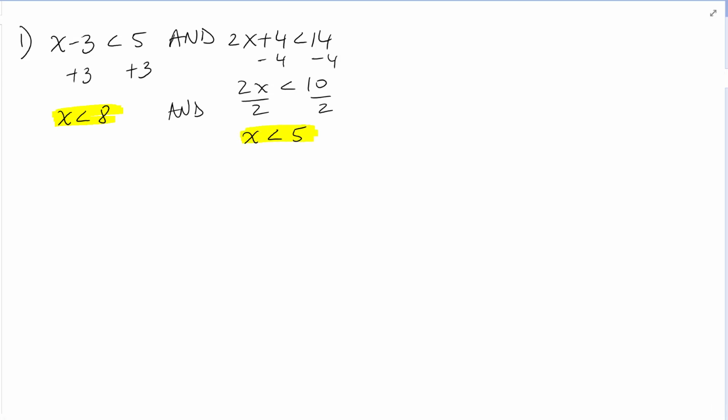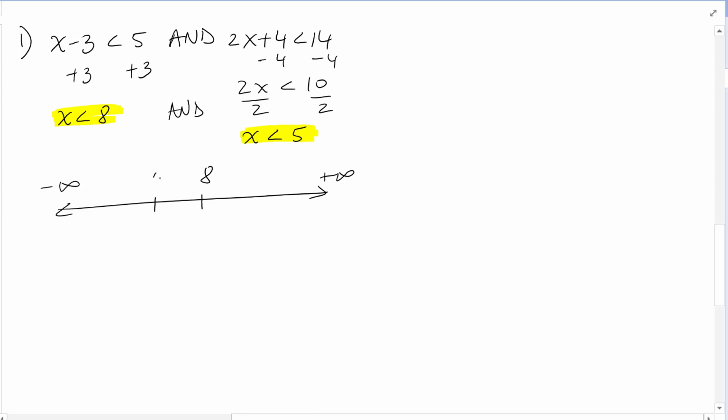So we calculated, now let's graph. We graph it on the same number line, we put both inequalities. So for x less than 8, I'm going to plot 8 and 5 in the order that they are on the number line. Now x less than 8 means I'm going to shade all the points that are less than 8 and I'm going to put parentheses. And let's do the second one, x less than 5, with blue. So we shade up to 5 and we put parentheses.